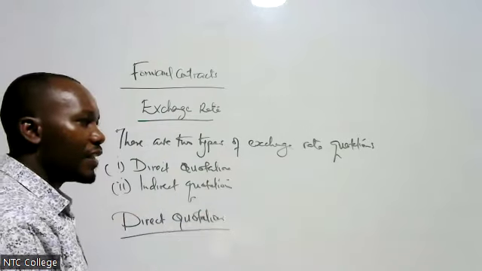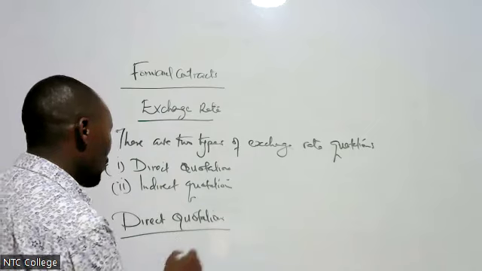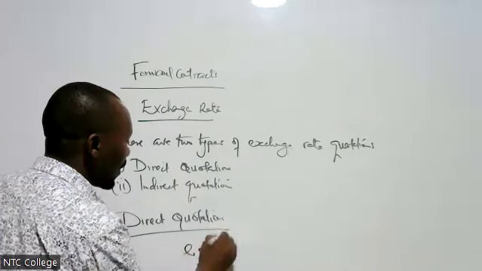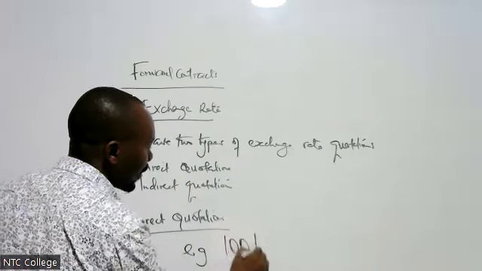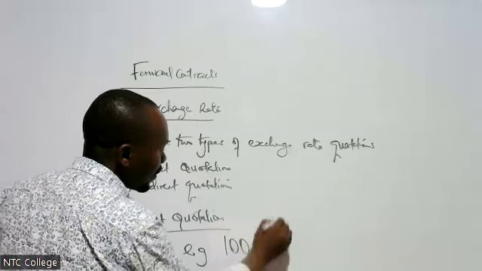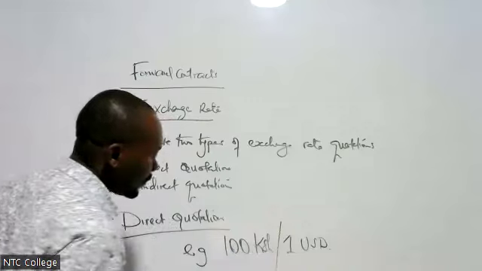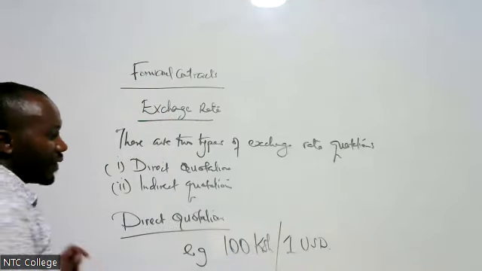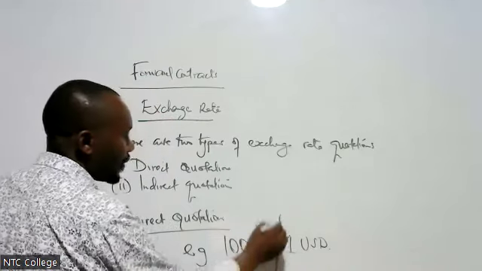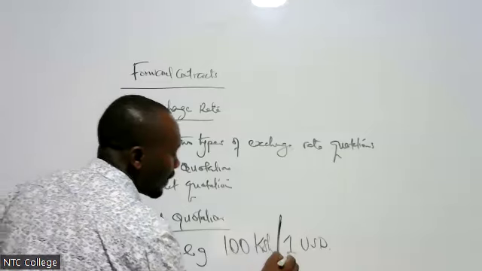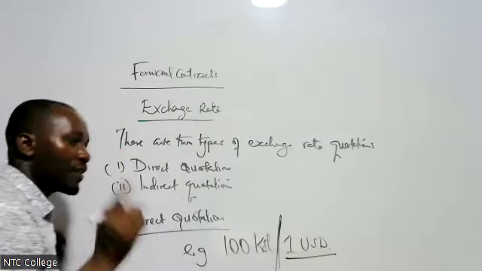The foreign currency in this case is US dollar. So you say, e.g., 100 Kenya shillings to 1 US dollar. This one is called per. Per means that the unit on this side is 1 single unit.